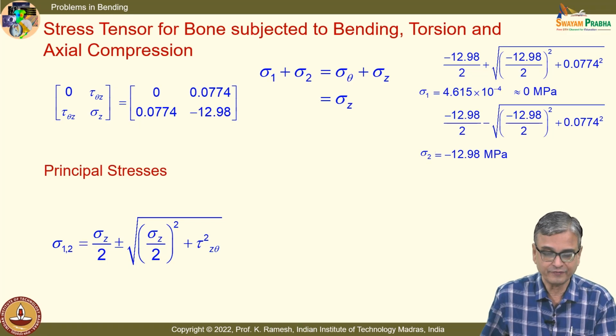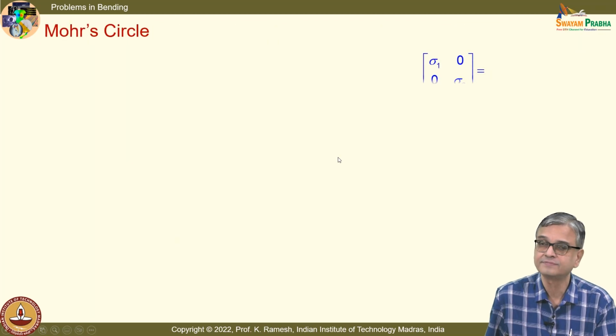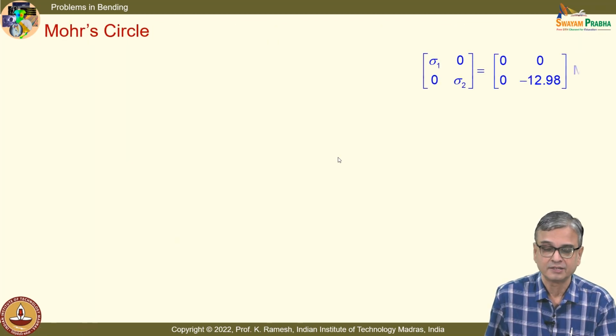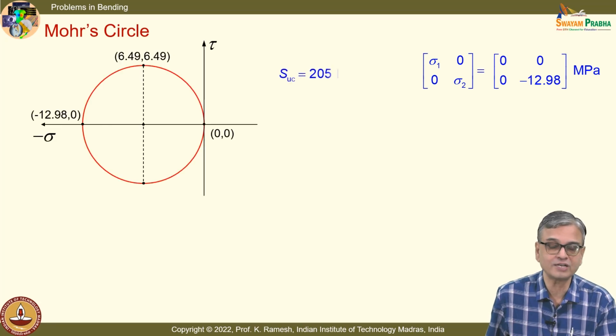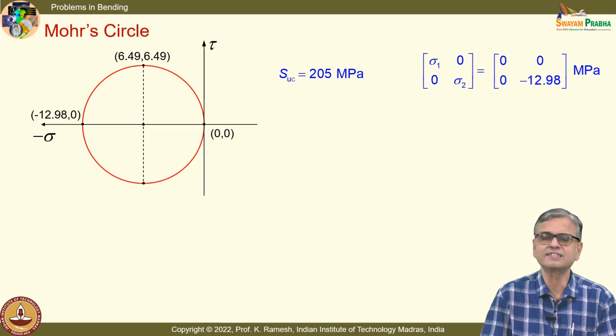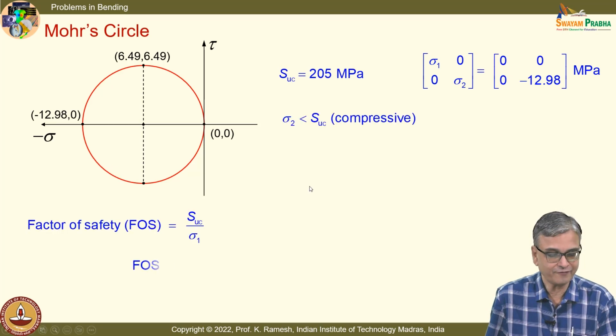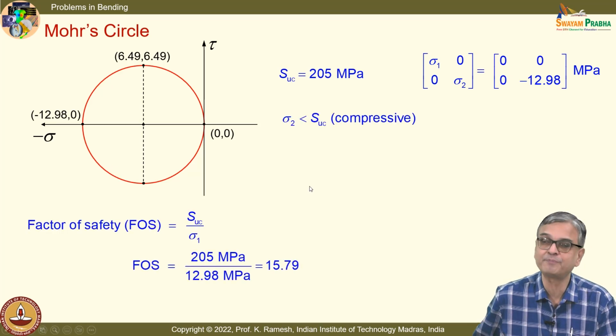So, here we have verified that this identity is also satisfied, and I can also draw the Mohr circle and find out what the factor of safety is in some sense. So, you get a factor of safety of 15.79.